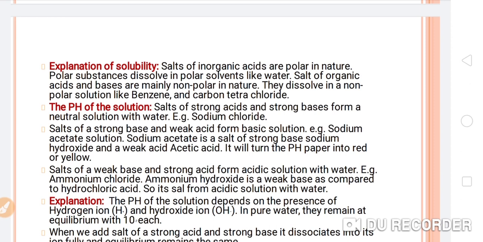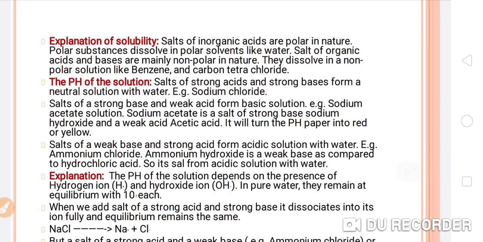Water is a polar solvent. Salts of organic acids and bases are mainly non-polar in nature. They dissolve in a non-polar solvent. Means non-polar salts will dissolve inside non-polar solvents, and polar salts will dissolve into polar solvents.